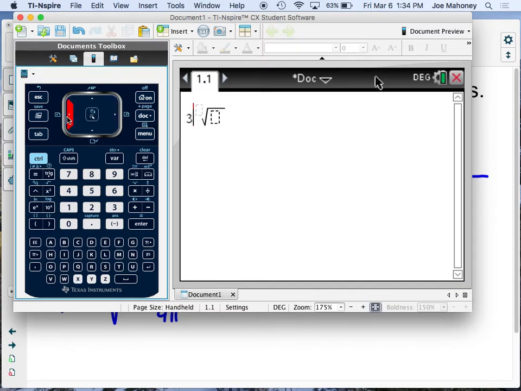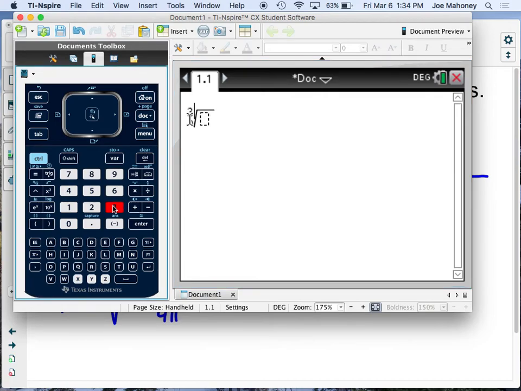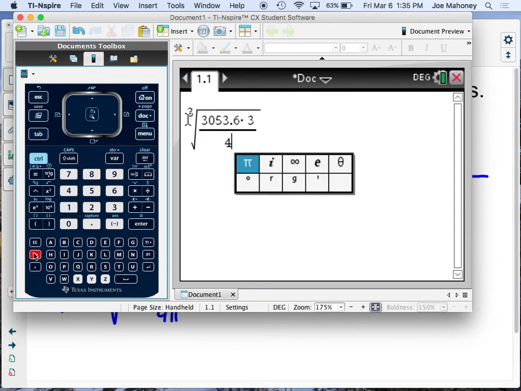So let's delete that, and let's go up in that box there and type a 3. So there's my cube root. Now, what's nice about this is you can type it in exactly as you see it. So I'm going to do my Control division and get my fraction template. And I'm going to type 3053.6 multiplied by 3. That's my numerator. And my denominator is 4 pi. And pi is down there.